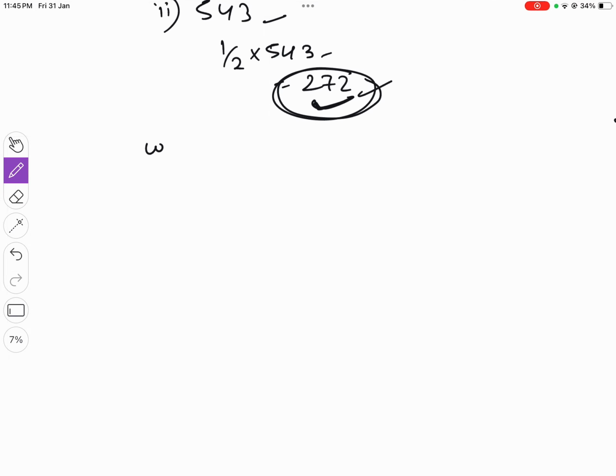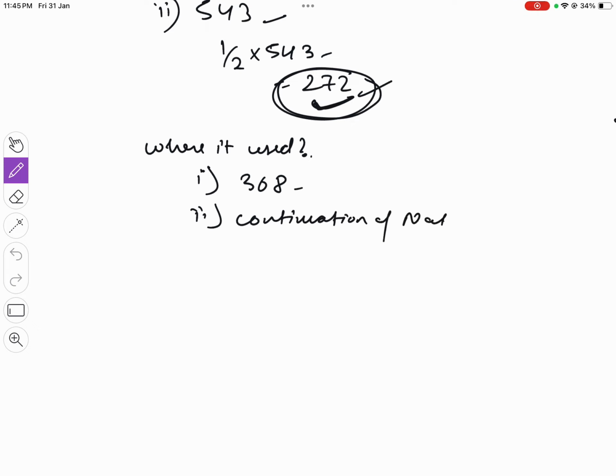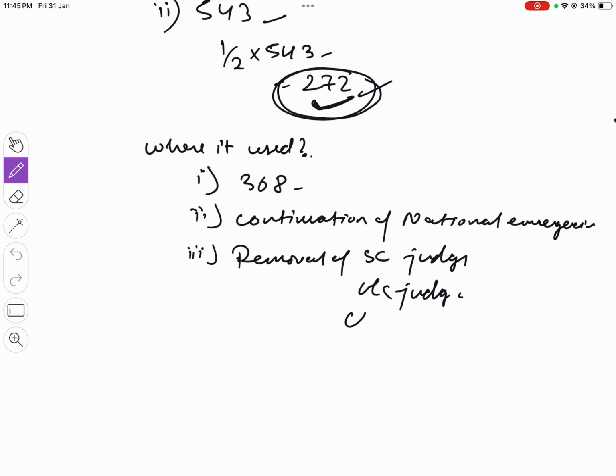And now where is it used? Under article 368, for the continuation of national emergencies, for removal of a Supreme Court judge, High Court judge, CAG, Comptroller and Auditor General of India, Chief Election Commissioner, State Election Commissioner.